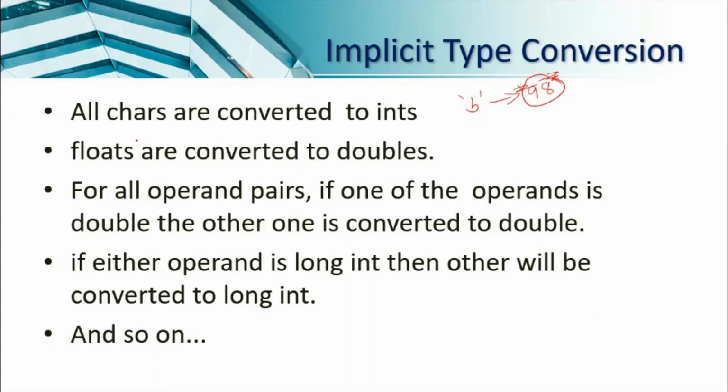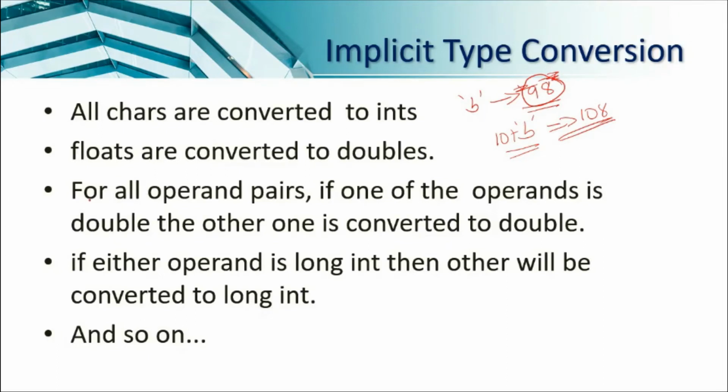If I put 10 plus B, and B is not defined as a specific variable, the result will be 98 plus 10, that is 108. This is how the conversion happens.